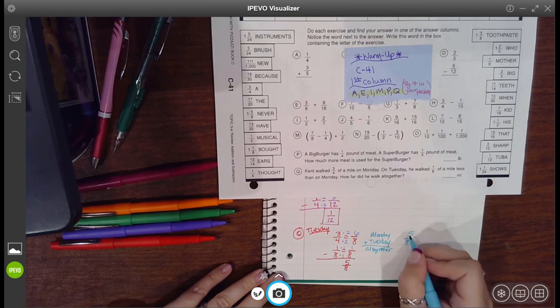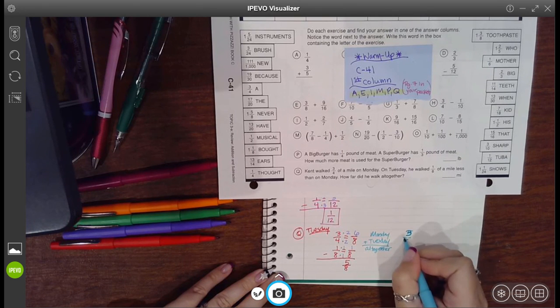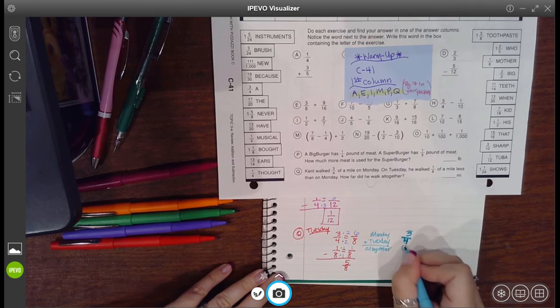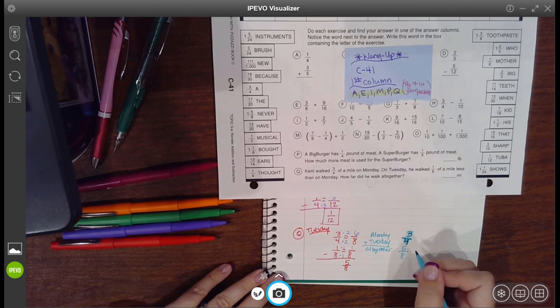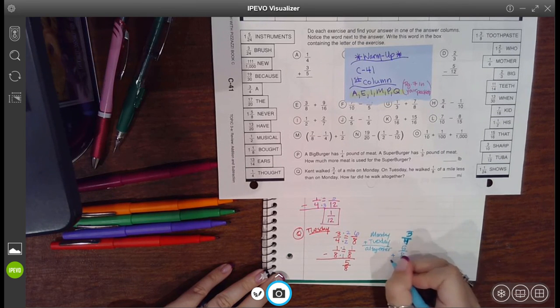Sorry. On Monday, they actually told us it was 3/4 of a mile. And then on Tuesday, we just figured that out. Tuesday is what we figured out was 5/8 of a mile. Okay, so to find all together, I'm going to add Monday plus Tuesday together.